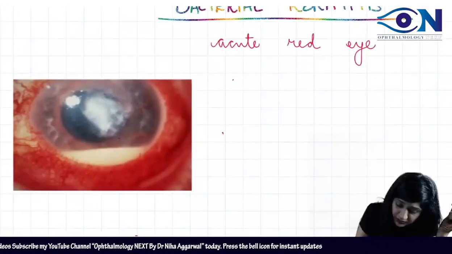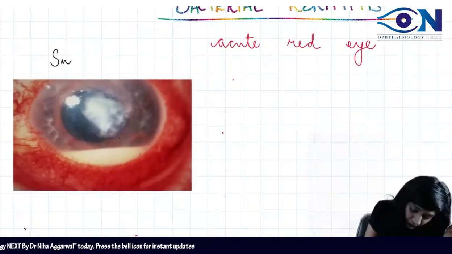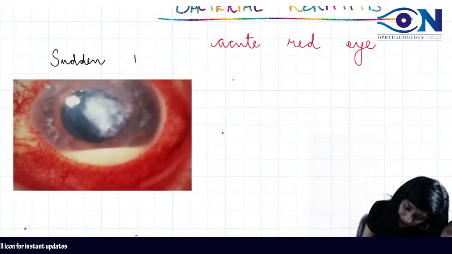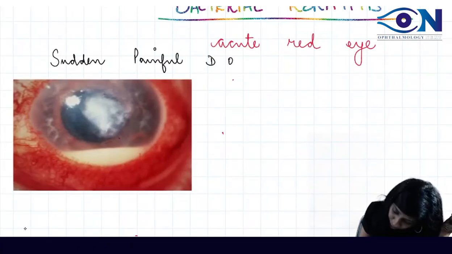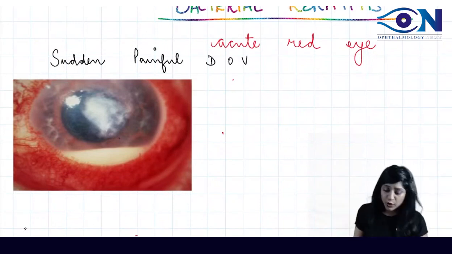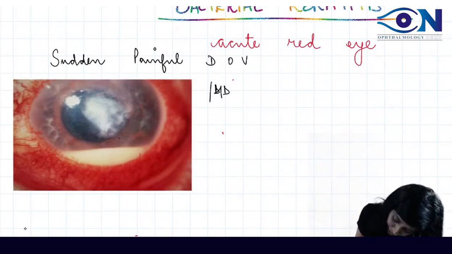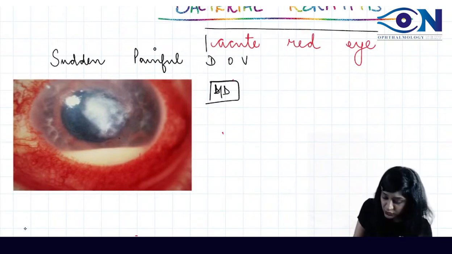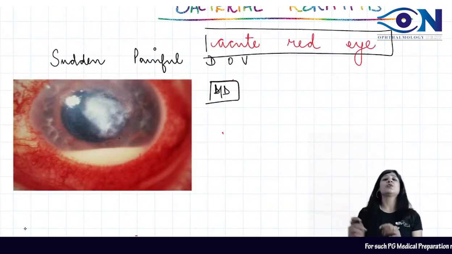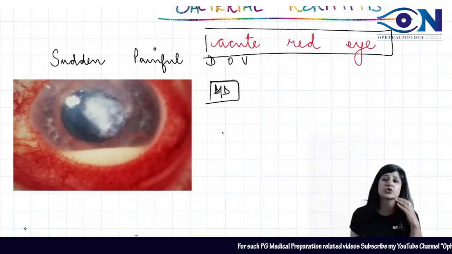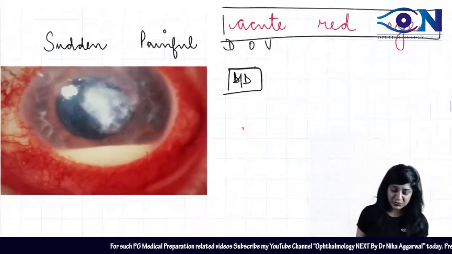So can you see, this patient will actually present with sudden painful diminution of vision. So first of all, what will be the DD of this patient? If I am having a patient with acute red eye, who is having sudden painful diminution of vision, a fiery red appearance, can you see this kind of picture?